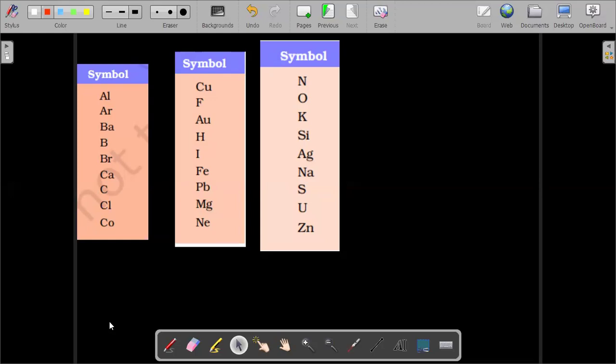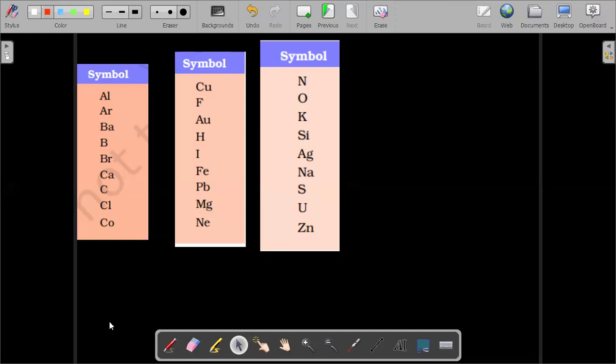Okay, after iodine, continue. Jitendra. Fe. Okay, Sharvan, help him. Iron. Very good, it's iron. Then after iron, you have lead.